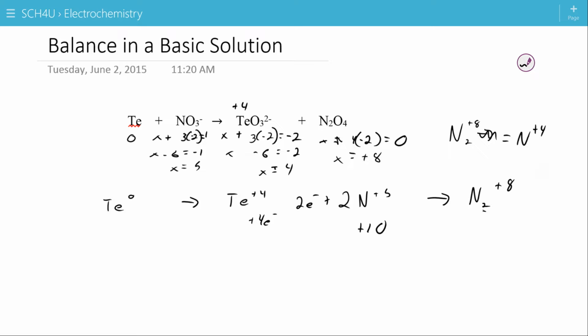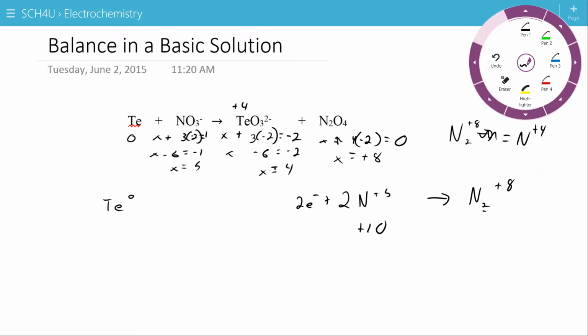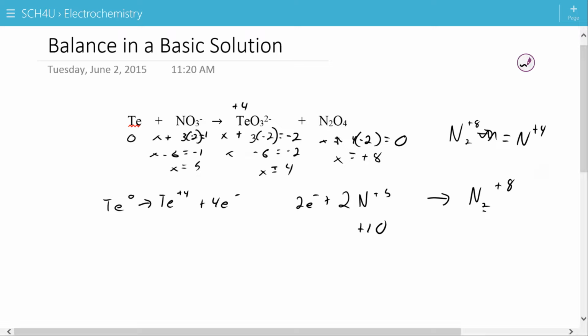They sort of ran into each other there, so I'm just going to clean that up a little bit. There, we can see those better now. So 4 electrons are produced when only 2 are used up, so I'm going to have to multiply this equation by 2 to get the electron balance correct. Now I have 4 electrons used up, which matches my other 4. That becomes a 4, and that gets a coefficient of 2.